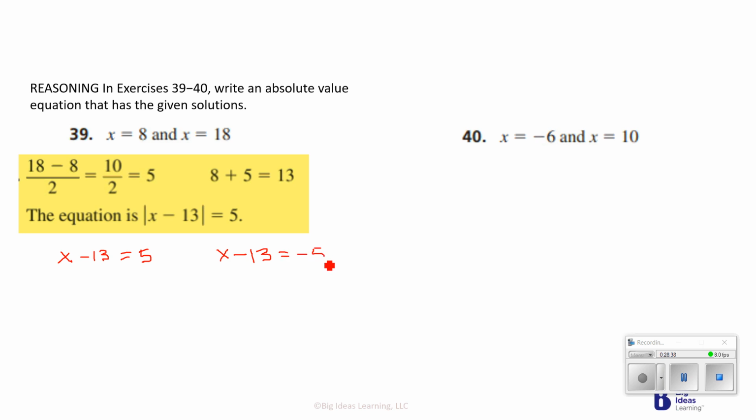As you can see, when I add 13 to both sides, x is going to give me 18, which was one of our answers. And then when I do x minus 13 equals negative 5, I'll add 13 again. And 13 minus 5 is 8, which gives me my other answer.